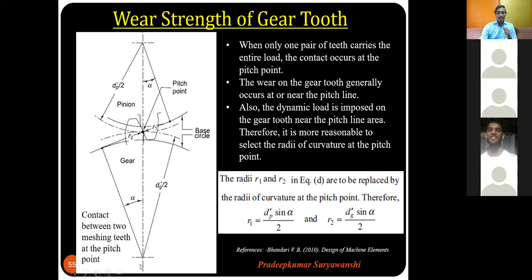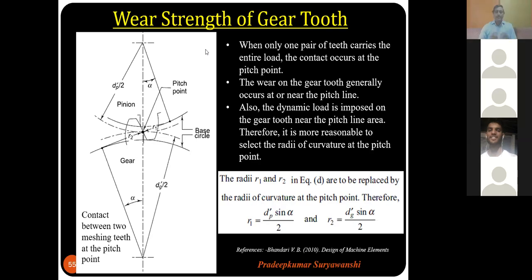This is the gear having radius dg prime by 2, and the gears are in contact. This particular point is the pitch point, wherein the pitch circles are in contact, and it is along the line of action also, right?